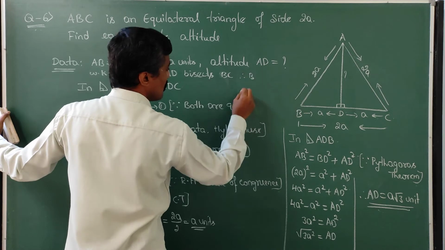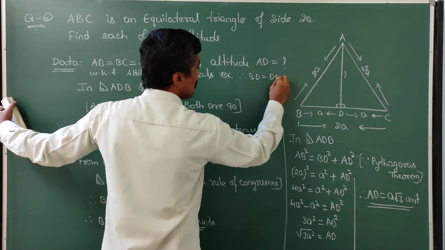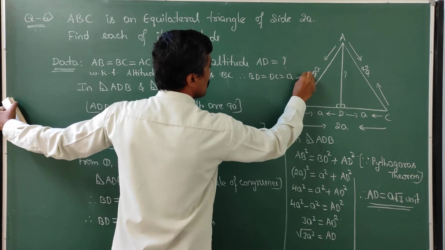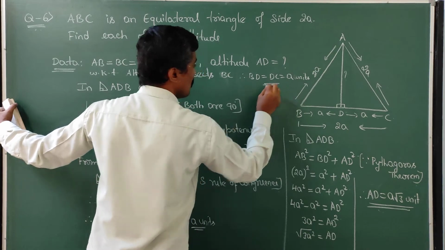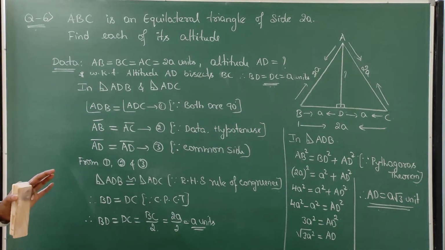Therefore BD is equal to DC is equal to A units. Write this one only if the question asks for 2 marks.